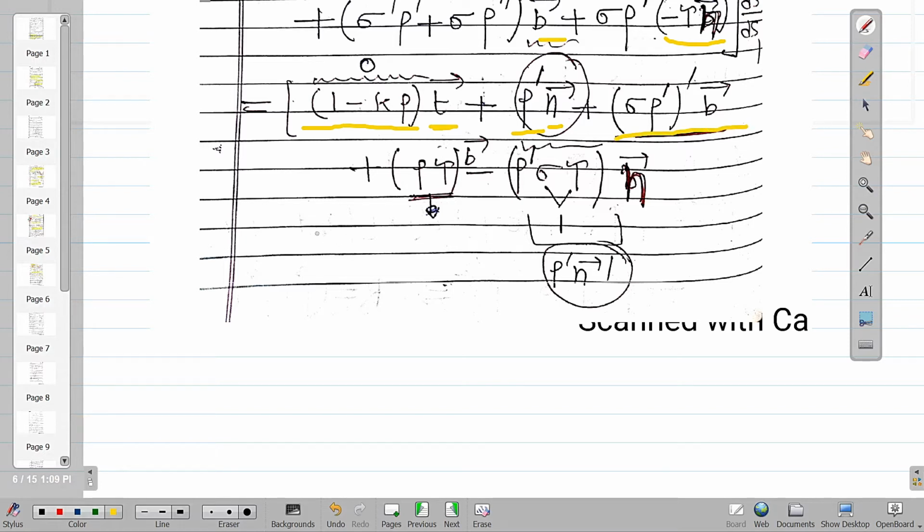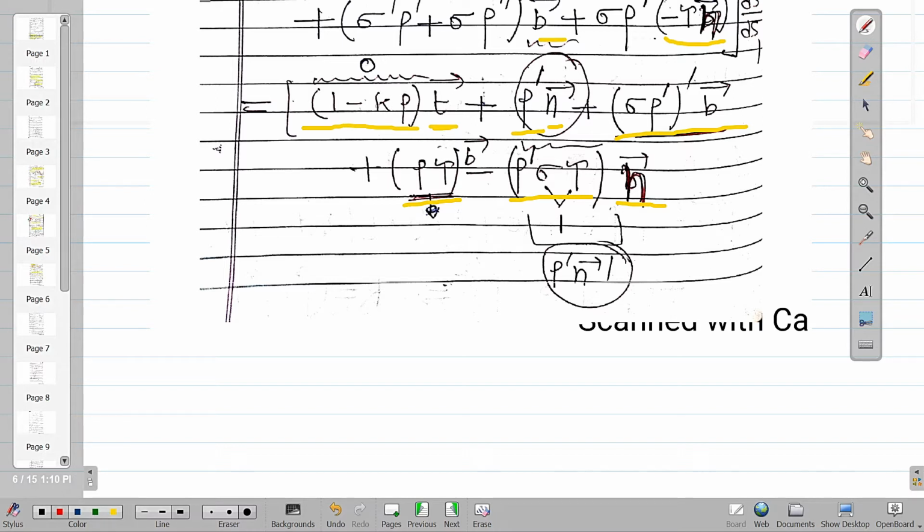Clear? Plus rho tau, this rho into tau, and minus rho dash sigma tau into n vector. Now, from this, remember, kappa and rho are reciprocal to each other.